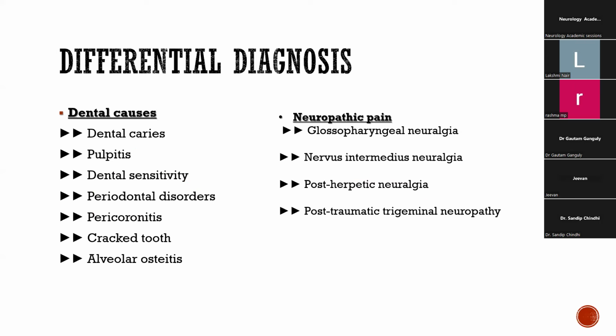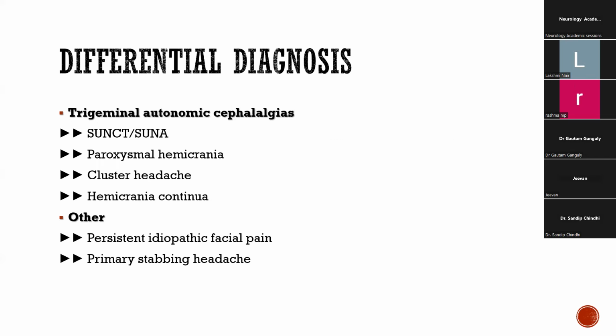Now coming to the differential diagnosis, or the trigeminal neuralgia mimics. These include dental causes like dental caries, pulpitis, dental sensitivity, periodontal disorder, pericoronitis, cracked tooth, as well as alveolar osteitis. Neuropathic pain includes glossopharyngeal neuralgia, nervus intermedius neuralgia, post-herpetic neuralgia, and post-traumatic trigeminal neuropathy.